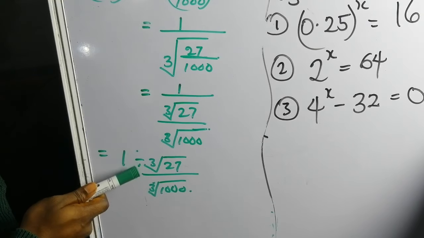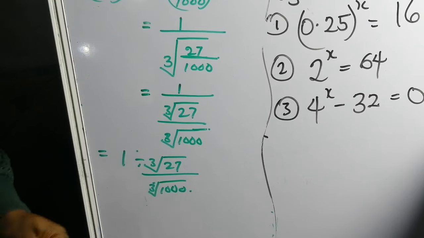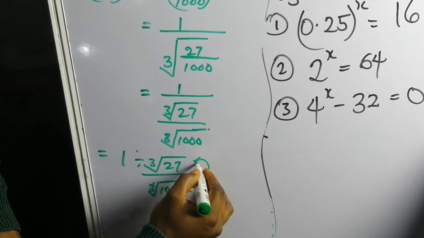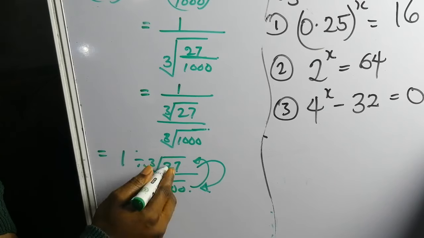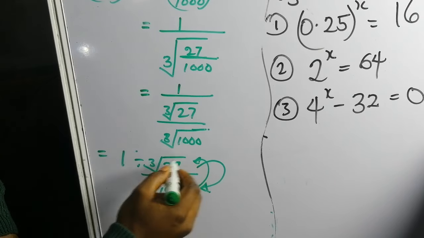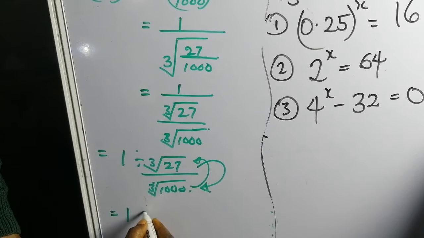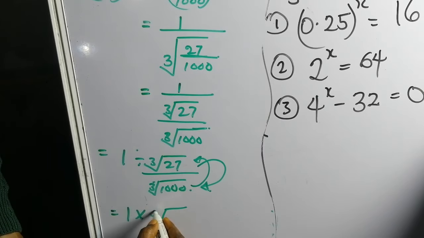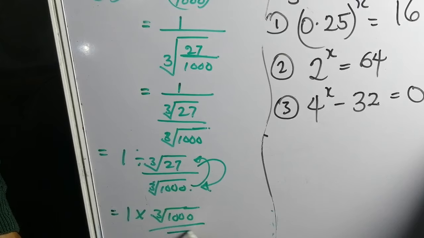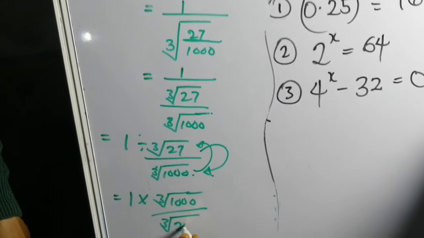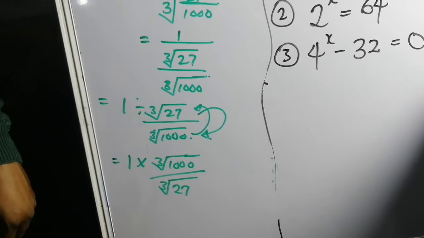If you want to change this division to multiplication, the denominator will come up and the numerator will come down. This is the same thing as 1 times the third root of 1000, over the third root of 27. It's as simple as that.